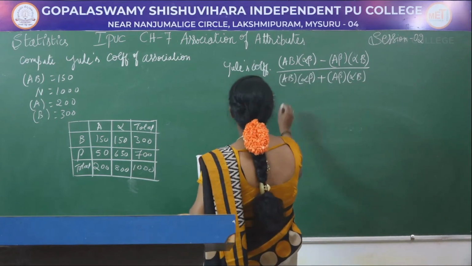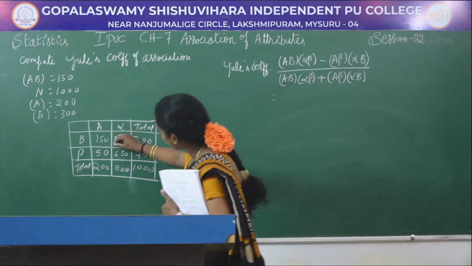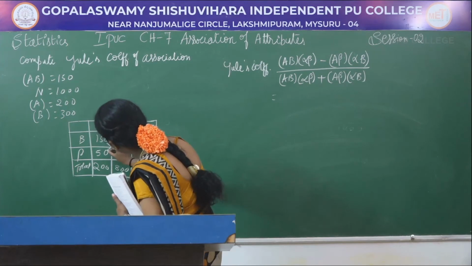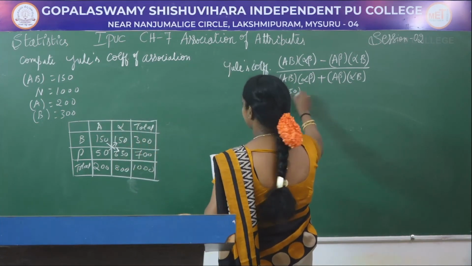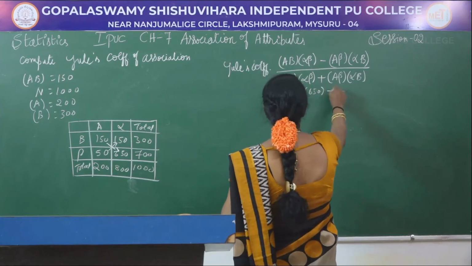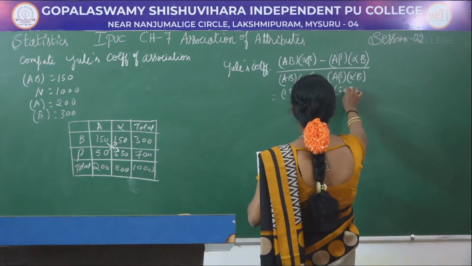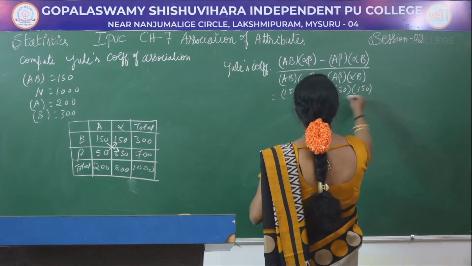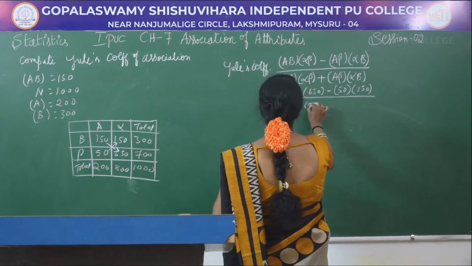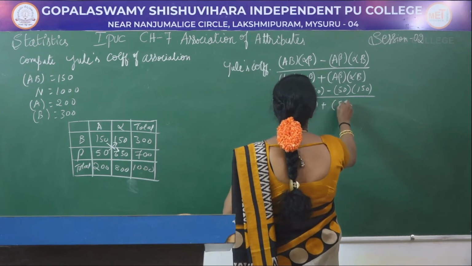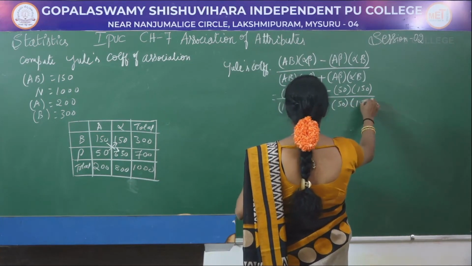Now you have to substitute like this. We have to do these two cross multiplication and these two cross multiplication. It is 150 into 650 minus 50 into 150 divided by 150 into 650 plus 50 into 150.